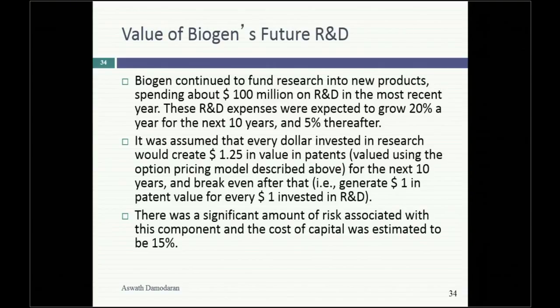How did I come up with the $1.25? I looked at the return on capital that pharmaceutical biotechnology companies collectively generate and compared it to the cost of capital. If the return on capital collectively at these companies is equal to the cost of capital, then of course $1 in spending will create $1 in value.